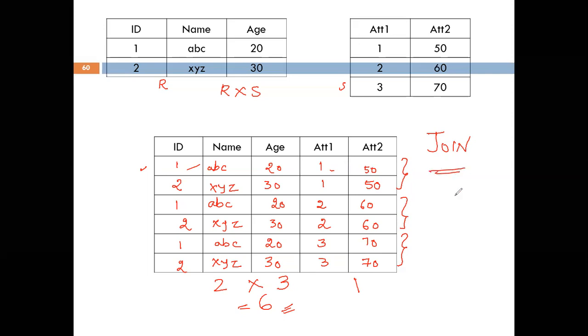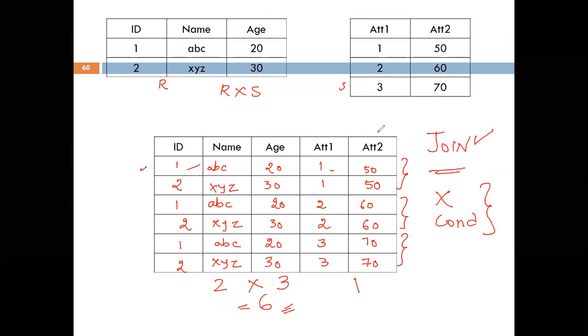In a join operation, first we do the Cartesian product, then we write some conditions to join. Together, the Cartesian product and this join condition become the join operation.